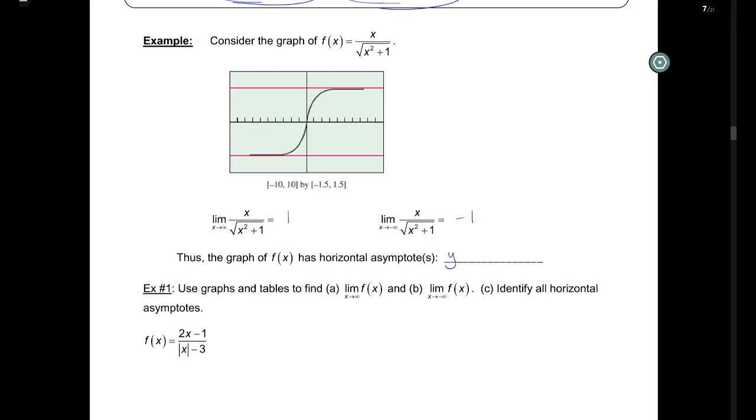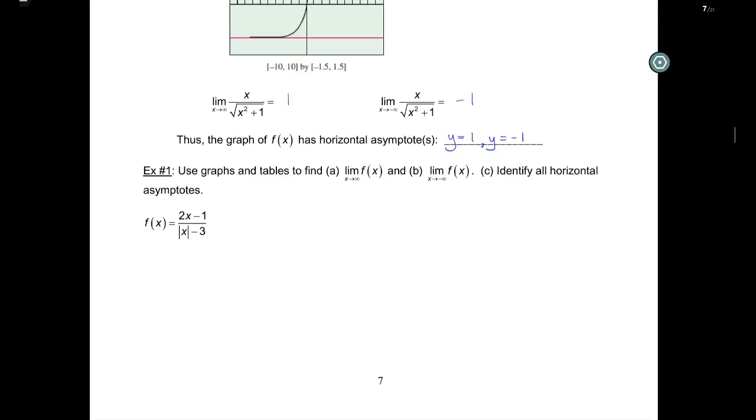They are y equals 1 and negative 1. And make sure you include the y equals because vertical will be x equals. Vertical asymptotes are x equals. Okay. Good so far? Would you like us to write it y equals 1 and then y equals negative 1, or y equals 1 comma 1? Either one is fine. As long as you put y equals.